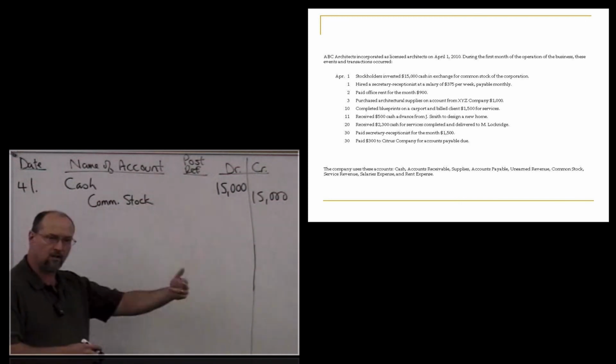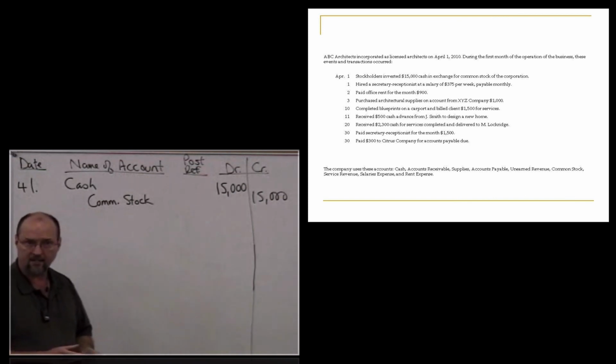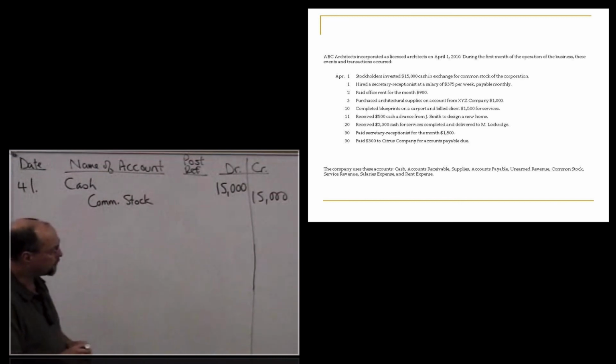Now, once they've worked a week, then we'll record wage expense or salary expense, and we'll see that a little further down. Third transaction, on April 2nd, we paid office rent for the month, $900.